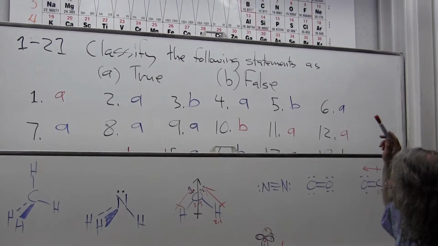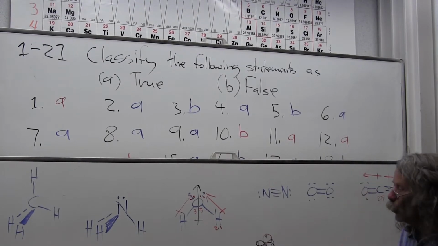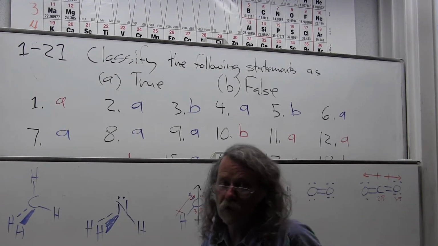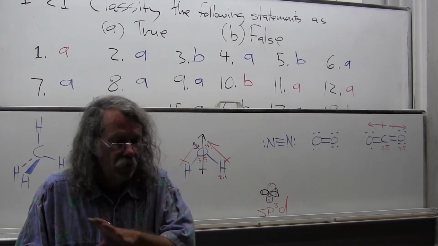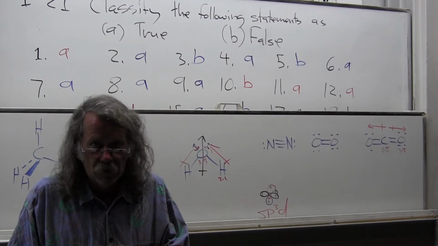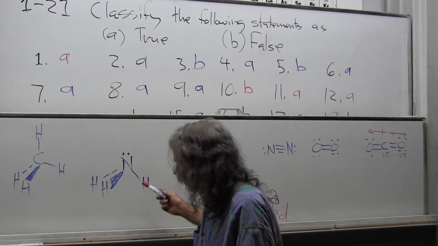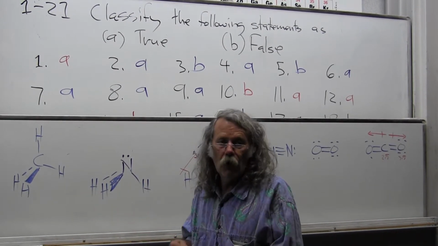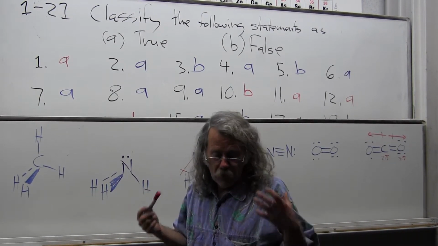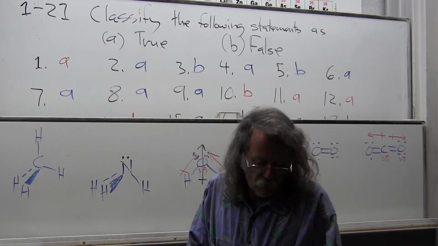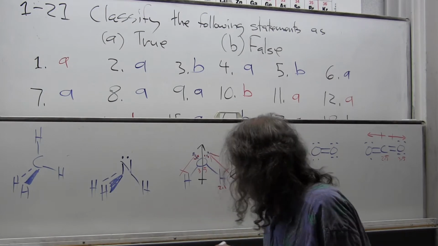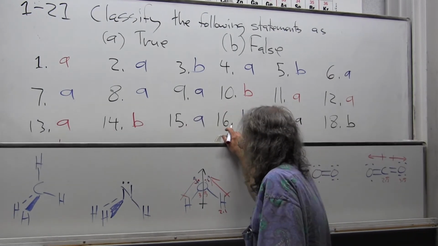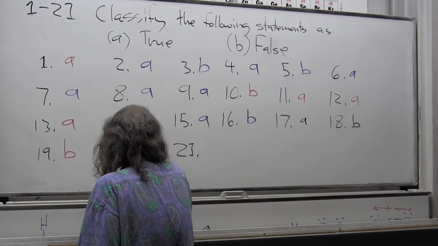Now, as we get to the heavier elements, we can expand and accommodate more than that closed shell electron configuration. But the very minimum requirement is met for all the outer atoms. They're all going to get that stable closed shell electron configuration. So that is the heart of the Lewis dot model. So number 20 is true.